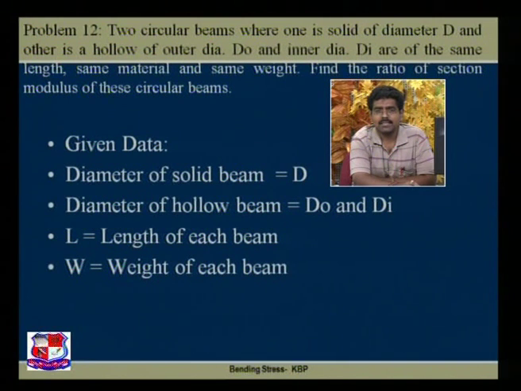The given thing is that two circular beams, out of which one is solid and diameter D is known to us. Another is of hollow circular section. Outer diameter is DO, inner diameter is DI. Now, both the sections have the same length, same material and same weight.